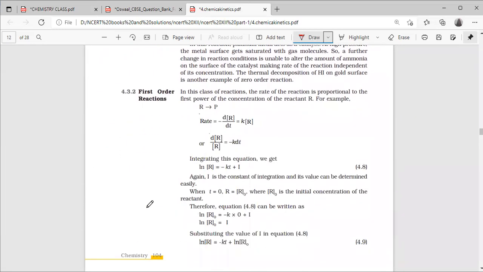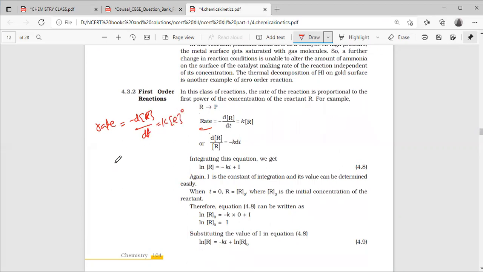Now first order. Similarity is there. Then see rate. I will write it here. Minus dr by dt equal to k, and for zero order we wrote r to the power of 0.